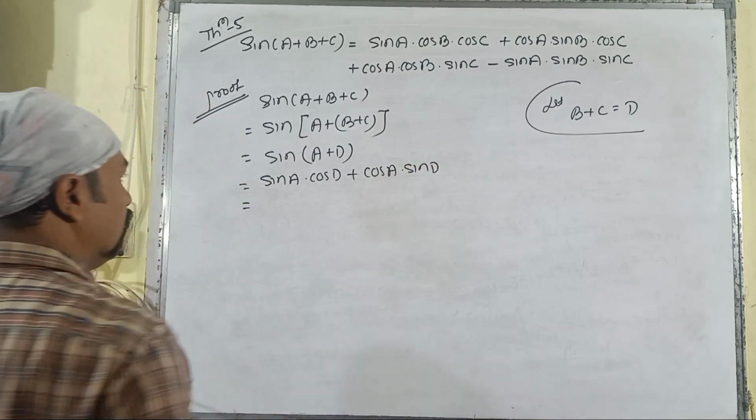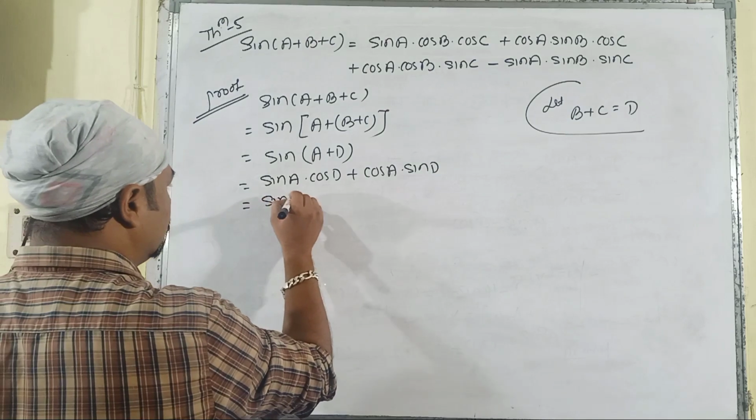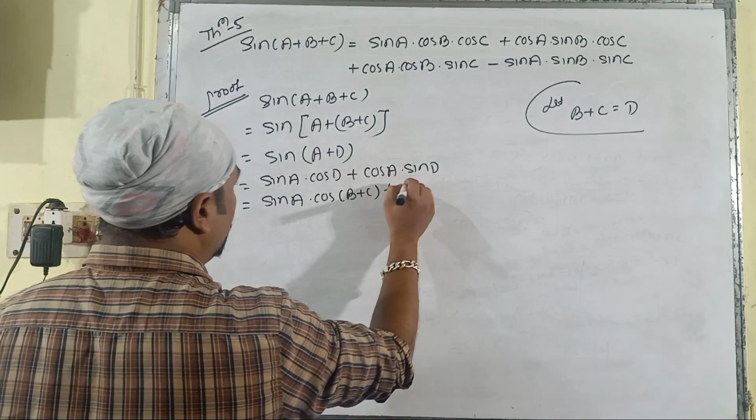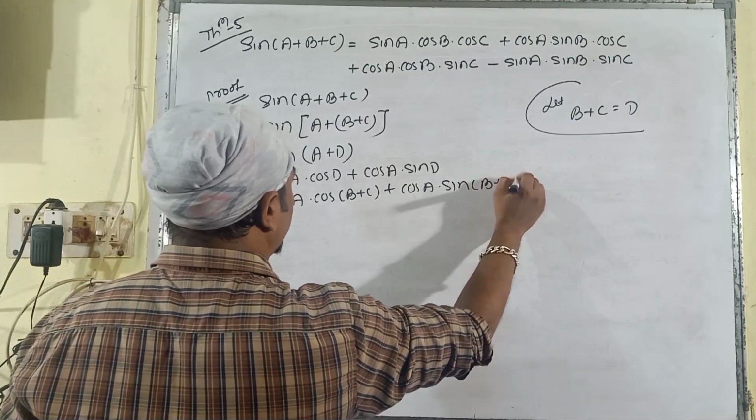Then by applying again the value of D here, it is sin A multiplied with cos(B+C) plus cos A into sin(B+C).